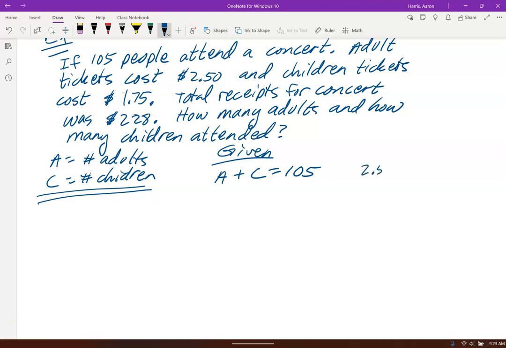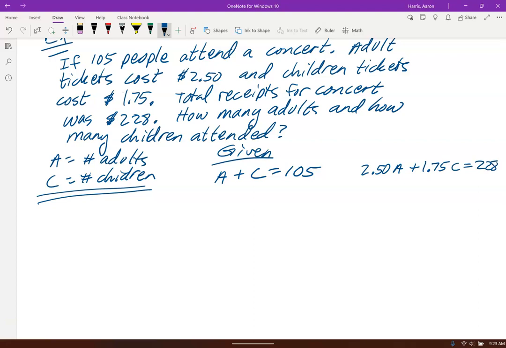So 2.50 times the number of adults, that's how much money we bring in from the adult tickets. $1.75 per child. So that's how much money we bring in for the children tickets, because the total sales were $228.